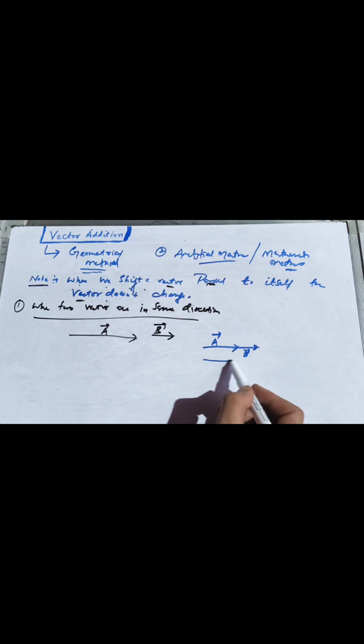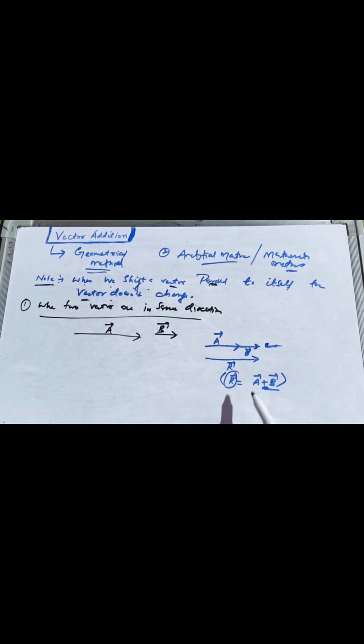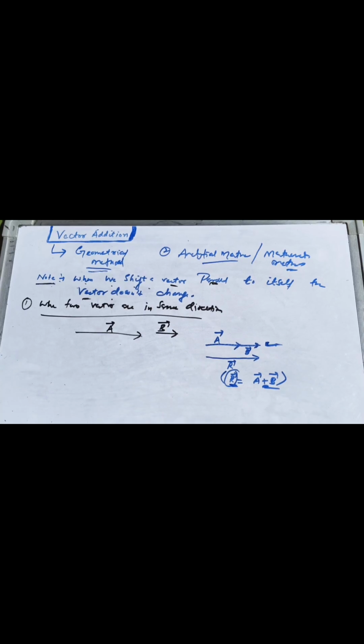I will draw it separately here. This is the resultant of these two vectors as per the geometrical method. So I can write the resultant vector R equals vector A plus vector B. Here the resultant vector has the same direction as that of A and as that of B.